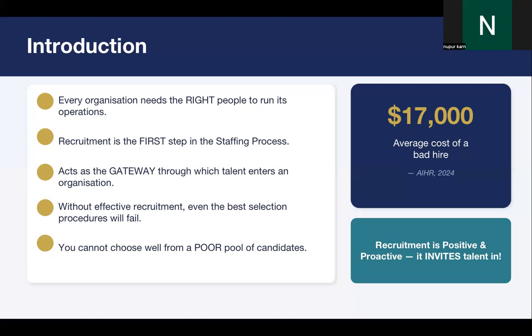Let me use a simple metaphor. Think of any famous temple in India, say the Tirupati temple. Thousands of devotees come every day, but before they enter there, they go through a very structured process. Security checks, token systems, queues, entry points. Now, what if the entry system was chaotic?